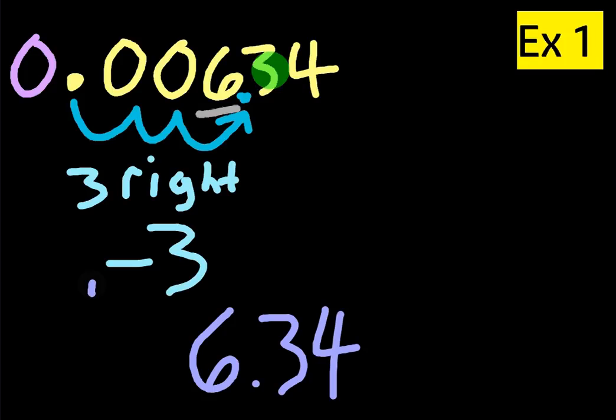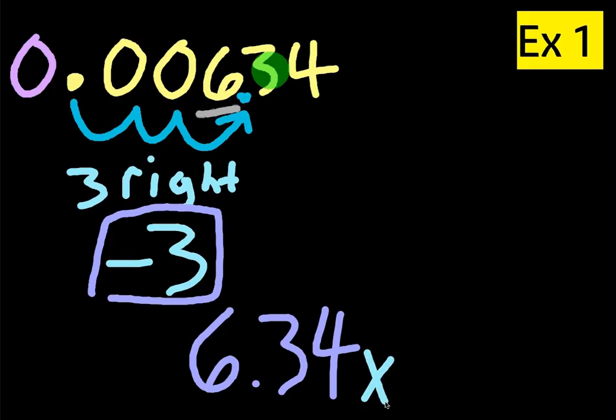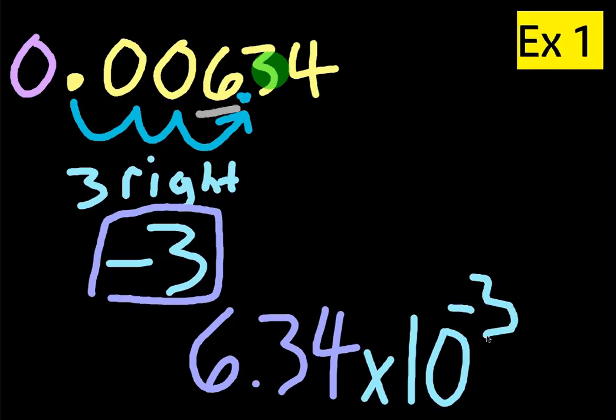And I already show what my exponent was. It was negative 3. So it's going to be times 10 to the negative 3. It'll always be times 10 to the something. Okay. And again, when you move to the right, your exponent is going to be negative. Okay. So that's our final answer. We went from 0.00634 to 6.34 times 10 to the negative 3.